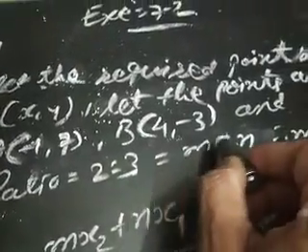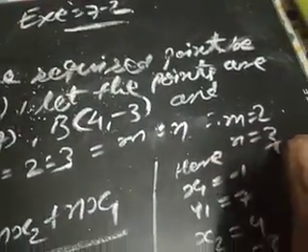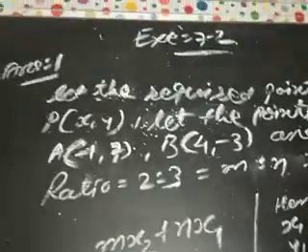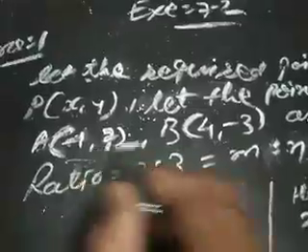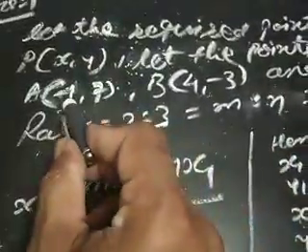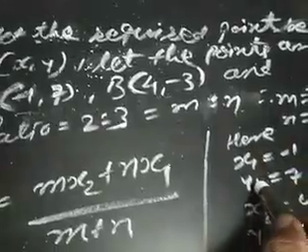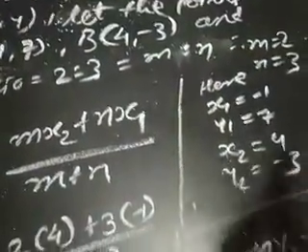It means m:n, so m is equal to 2 and n is equal to 3. So here we decide x1, y1, x2, y2: here -1, 7 is x1, y1, and 4, -3 is x2, y2.